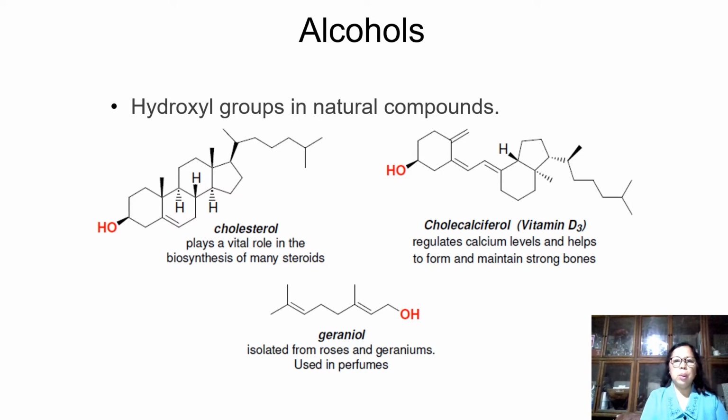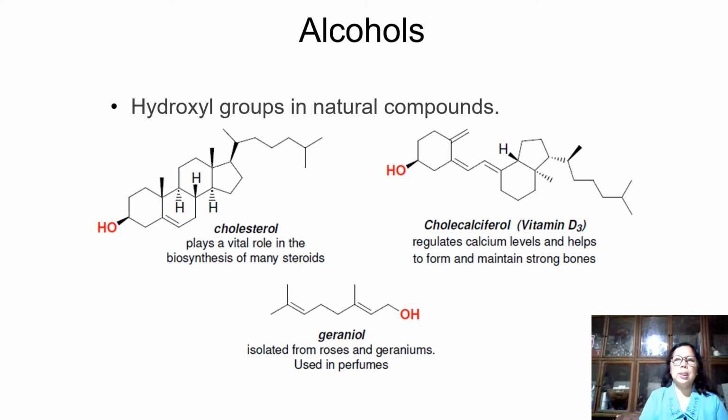And then we have also here a very expensive compound that is prepared in the lab, and it is usually used in making perfumes or scent for your soap, even lotion, the geraniol. The geraniol smells like roses, so the scent is sweet.